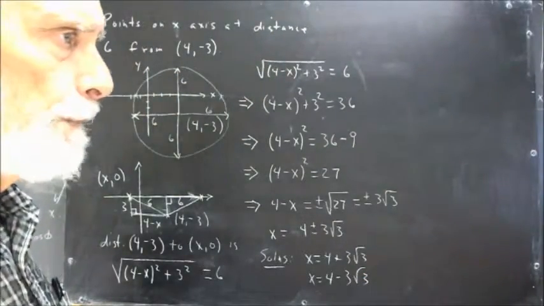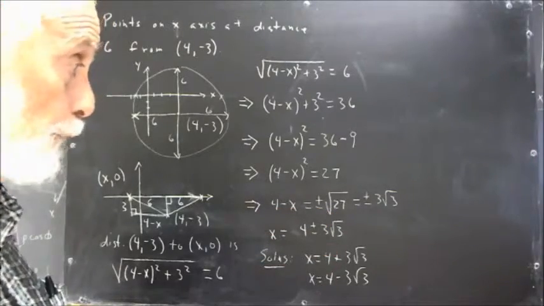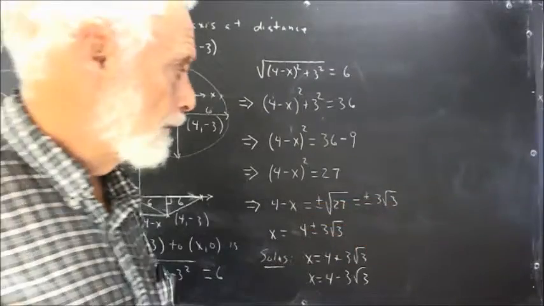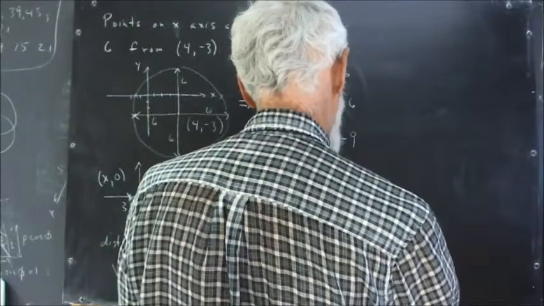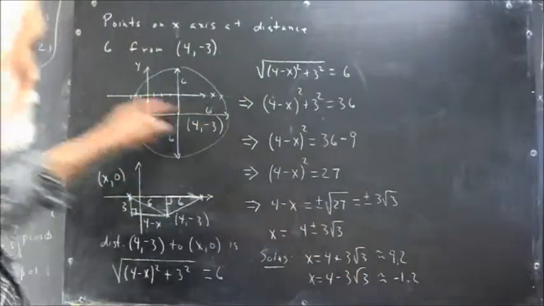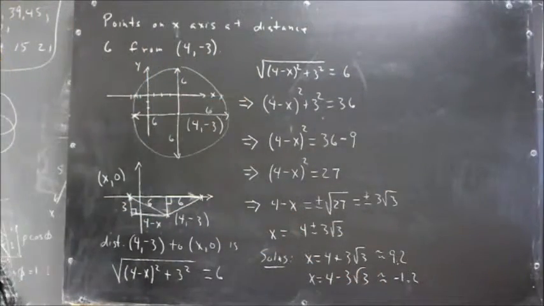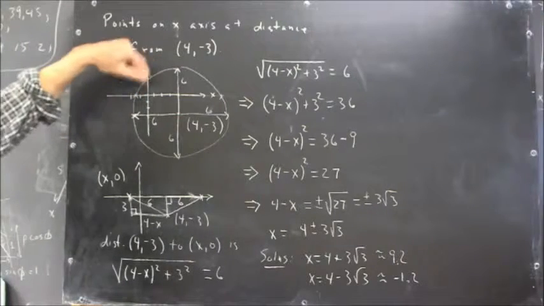Now, the square root of 27 is a little over 5. That's about 5.2. So 3 times the square root of 3 will be about 5.2. So this is going to be approximately 9.2. This is going to be approximately negative 1.2. Do those numbers make sense with this picture? Okay, well, my circle wasn't very well drawn.